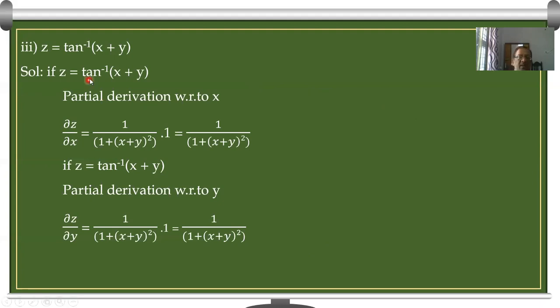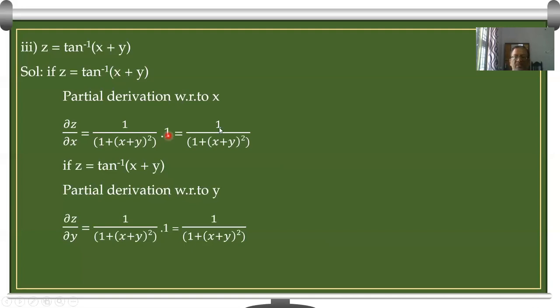Now in the same manner, partial derivation with respect to x, dou z by dou x. Tan inverse derivation is 1 by 1 plus the inner function squared, where the inner function is x plus y, into the inner function derivation, that is 1, and y derivation is 0, so it is 1.